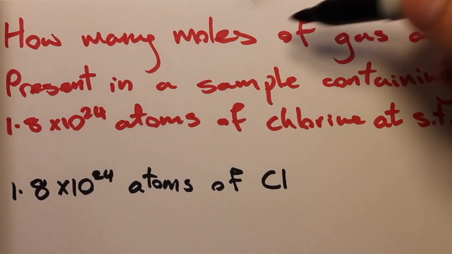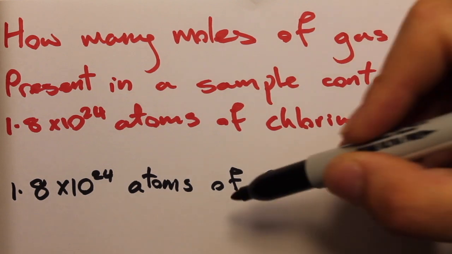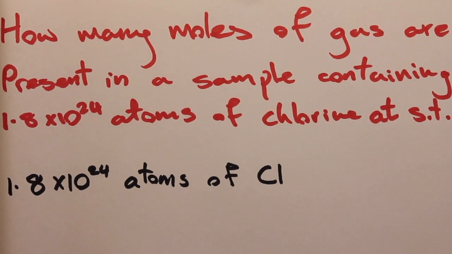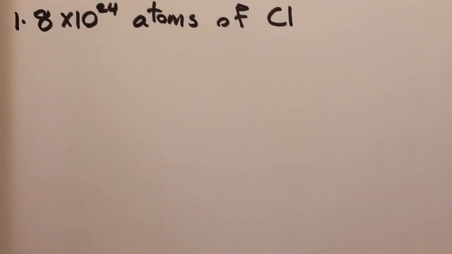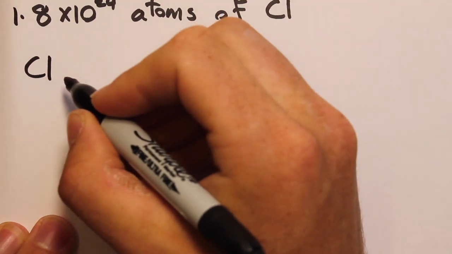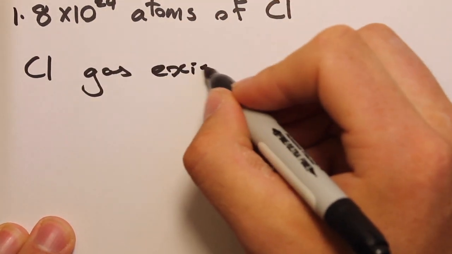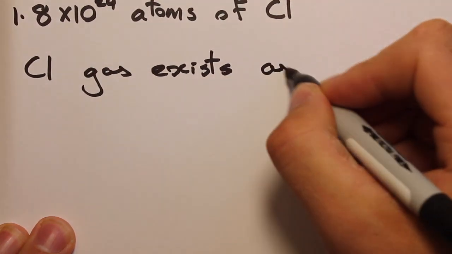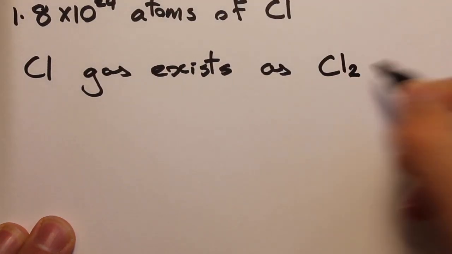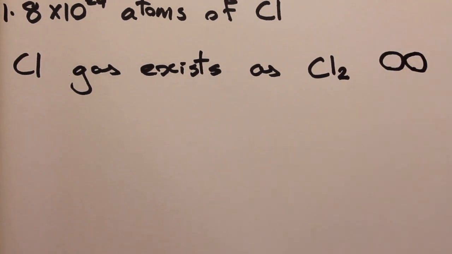Now to answer this question, we're looking for how many moles of gas are present, not how many moles of atoms are present. So we must recognize that chlorine gas exists as Cl2, as a molecule of two chlorine atoms joined together.